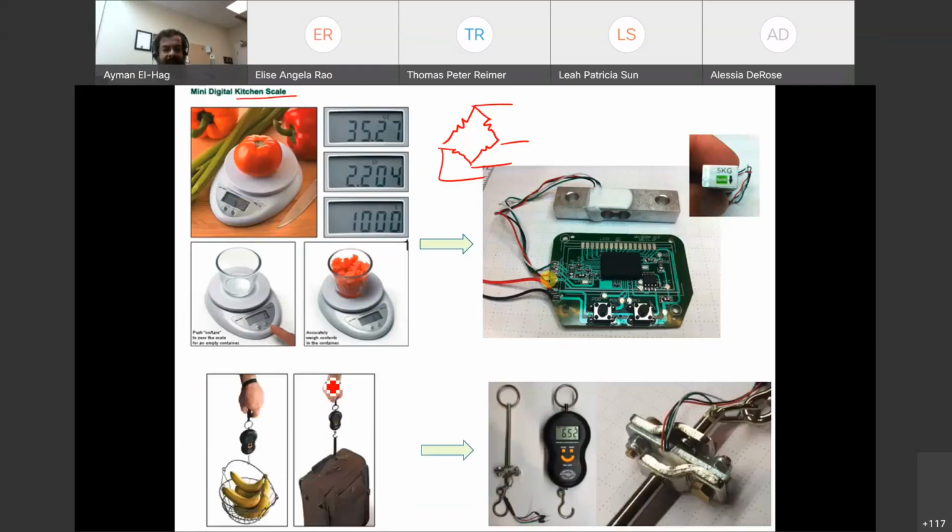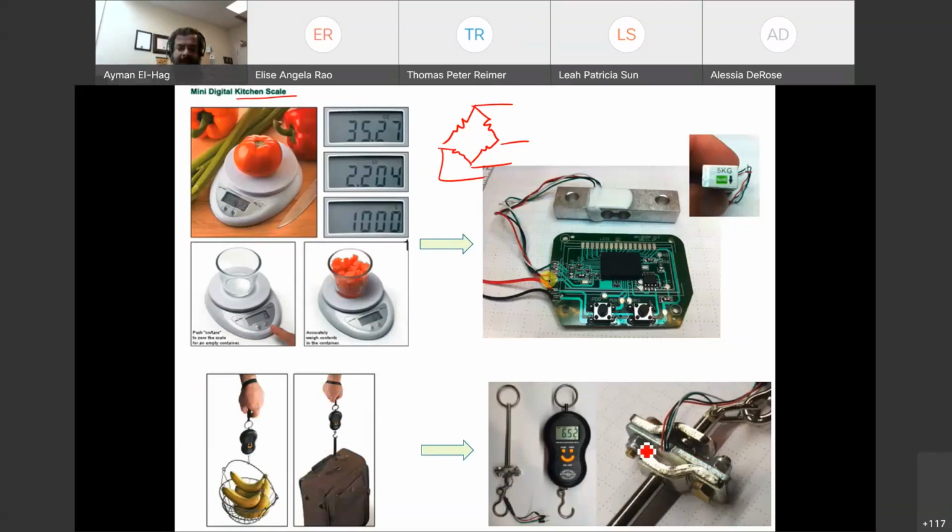Another example here, this is used in airports, basically to weigh where your luggage is. So basically, again, here it is. This is the load cell inside. So this whole balance, when you open it, is nothing but a load cell. And this load cell will have now what type of force? This is only tension force.